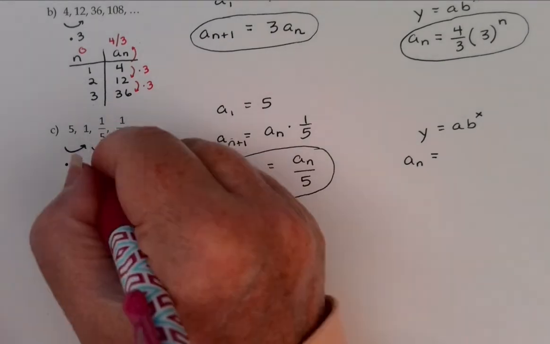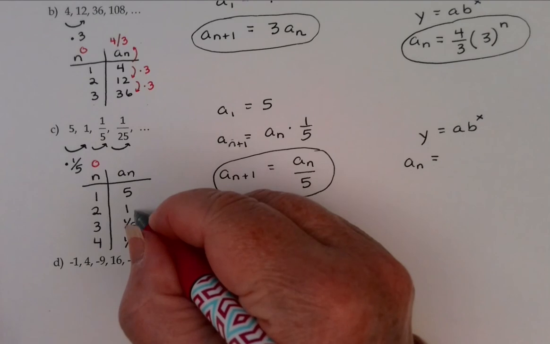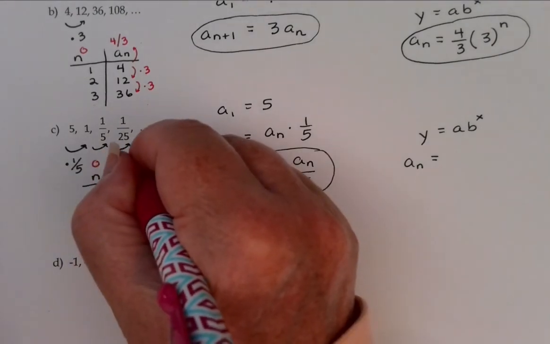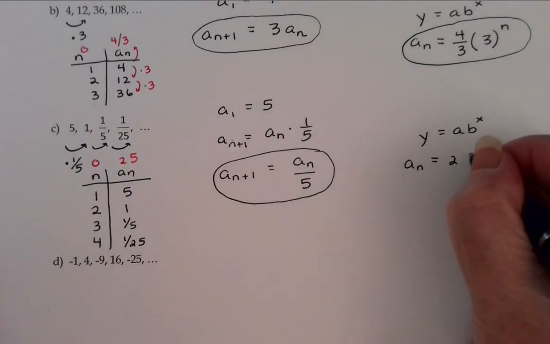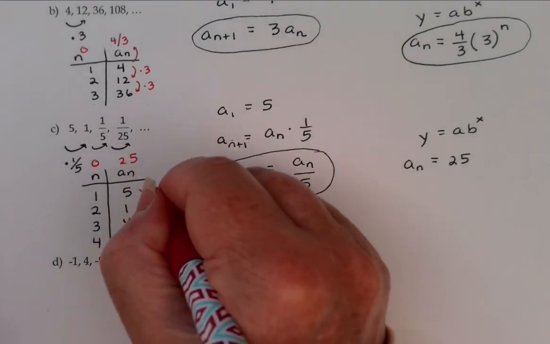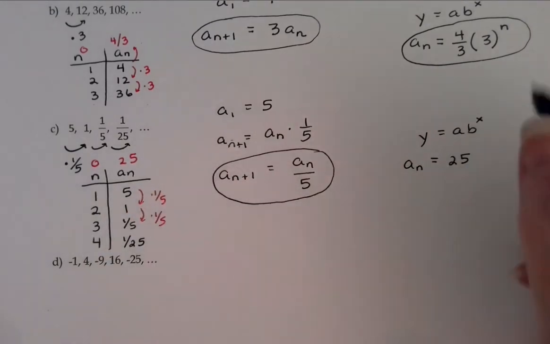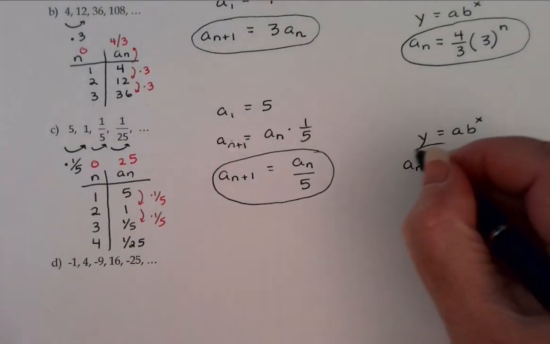Again, if I think backwards, if n were 0, I'm dividing by 5 going this way, I'd have to multiply by 5 going that way. So that would give me a 25. So that's my a value, times the b. The base is that constant multiplier, times 1/5, right? Raised to the x or n power.